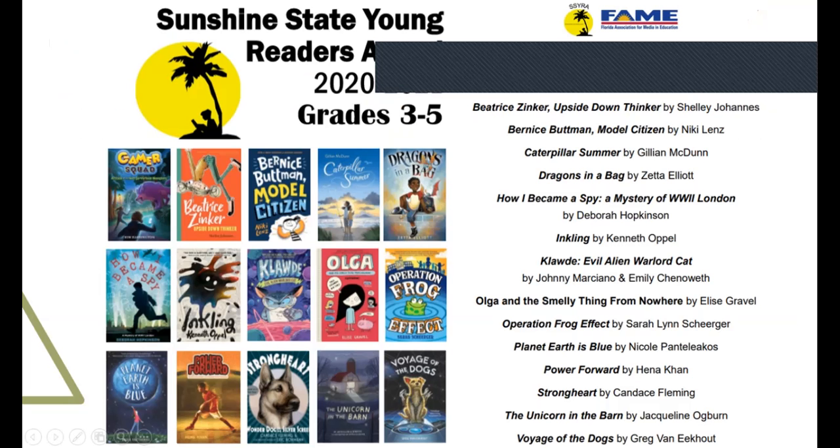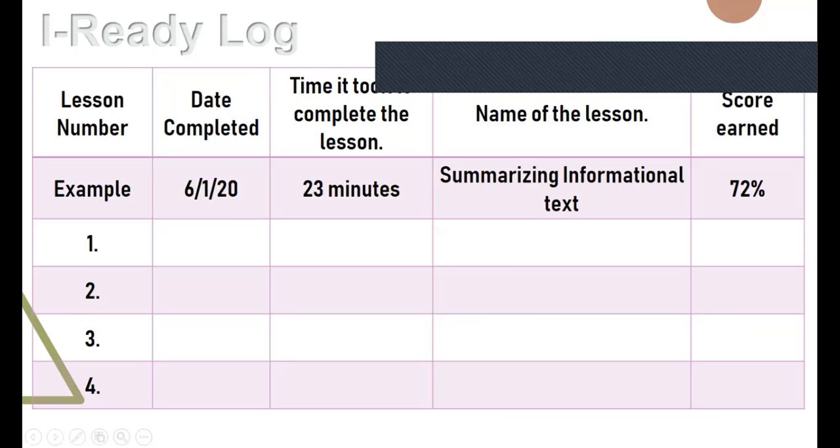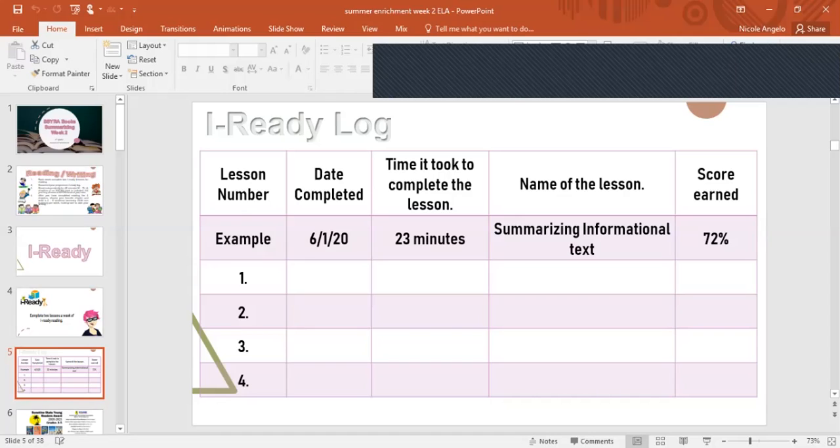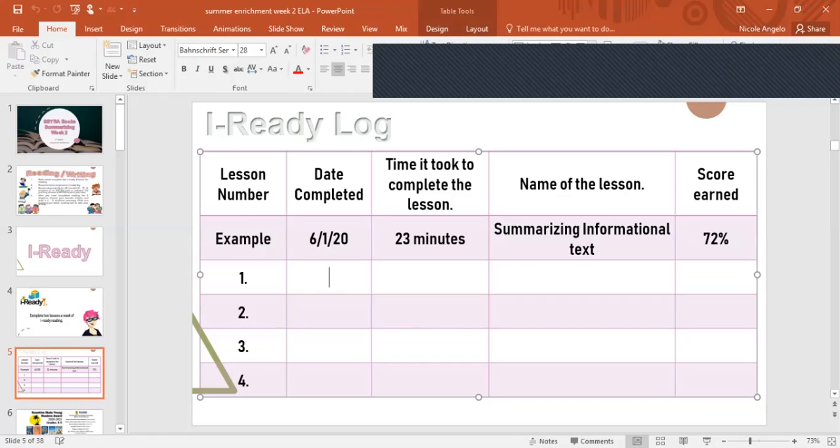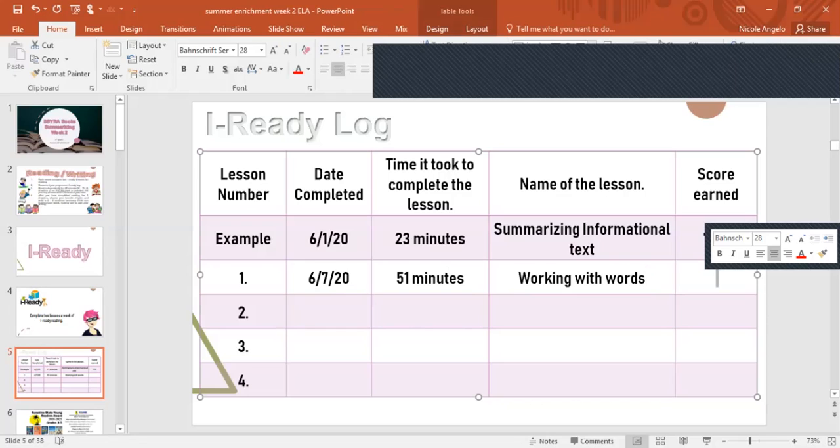All right, so the students would plug in, okay, oops, and in order to add things into this, you would click on this slide, not in PowerPoint, where you have the icons, and here I could put, okay, today is 6/7/20, and the lesson took me 51 minutes, and the name of the lesson was Working with Words, and I earned an 84%.